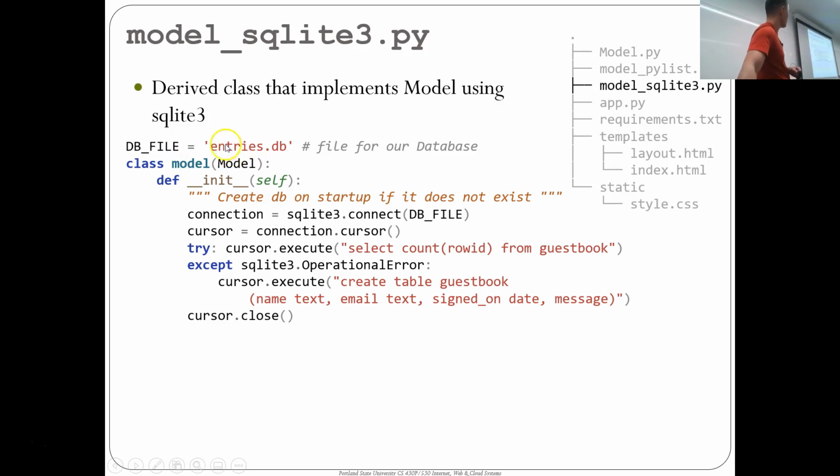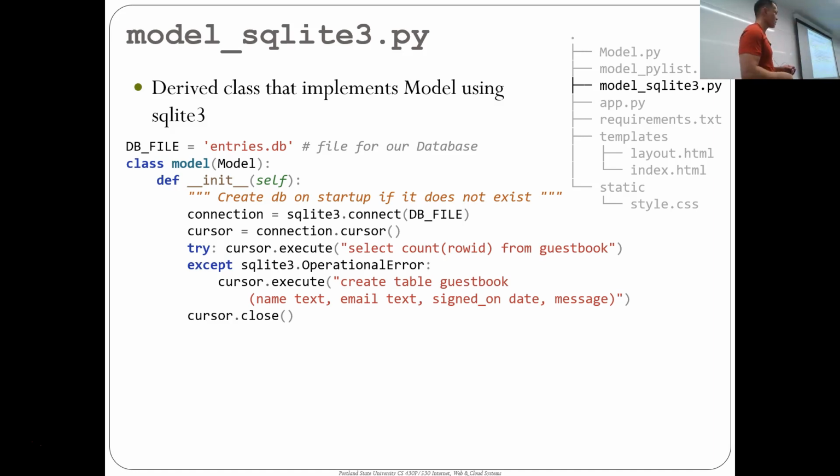So this is going to create a file called entries.db to store all of your entries. This version of the model is going to inherit from the base class capital Model. And the initializer is going to run right on startup, so when someone does an import and this thing gets instantiated, then this command is going to run.